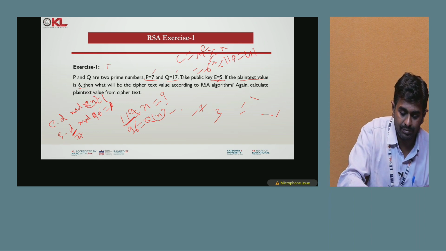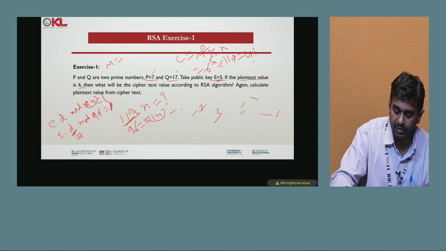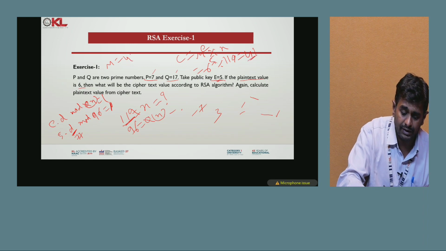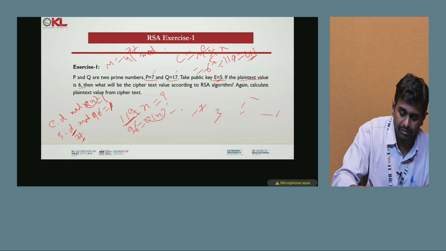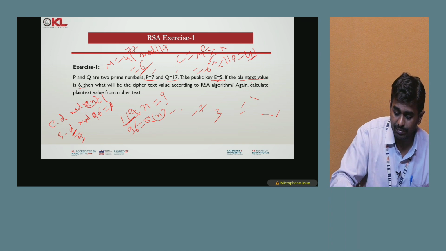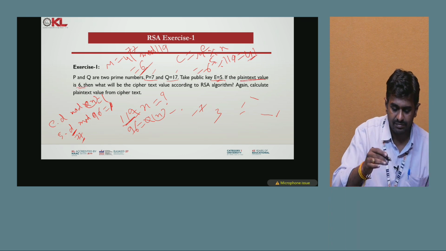Now calculate m equal to c power d, that is 41 power 77 mod 119, then we will get the original plain text, that is 6.